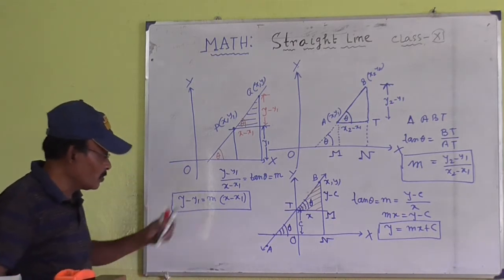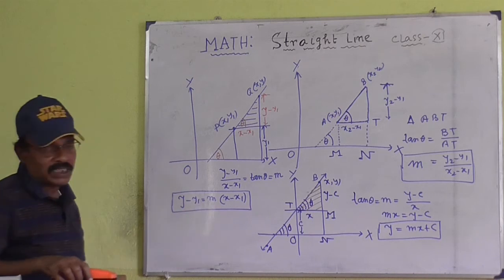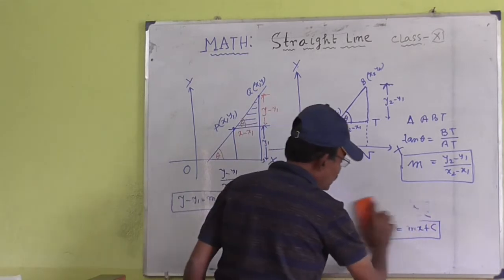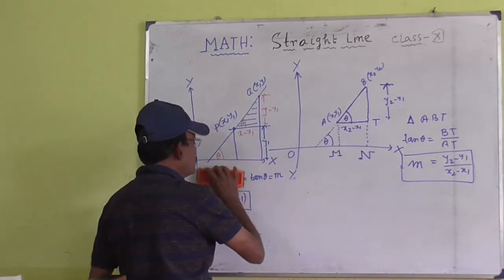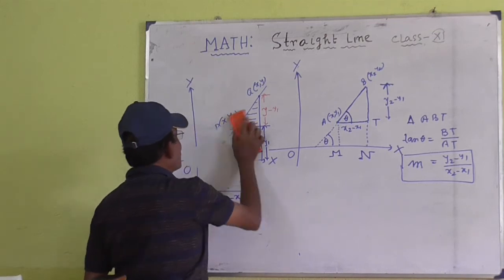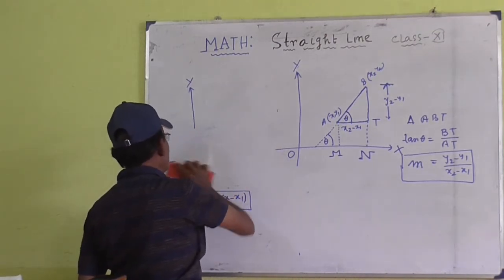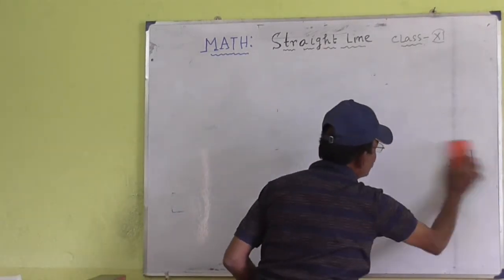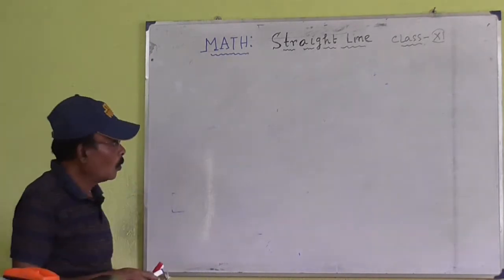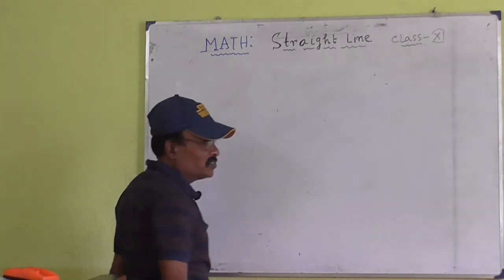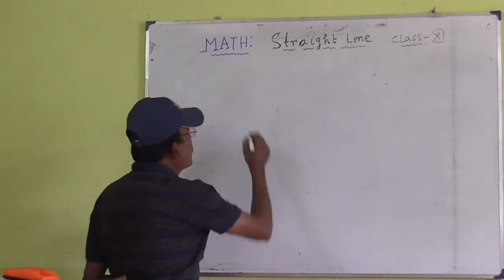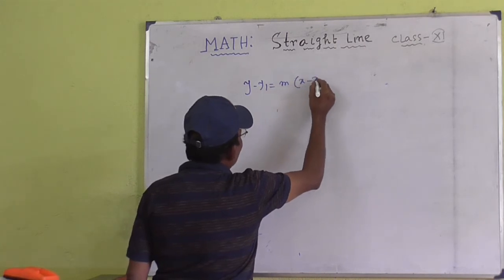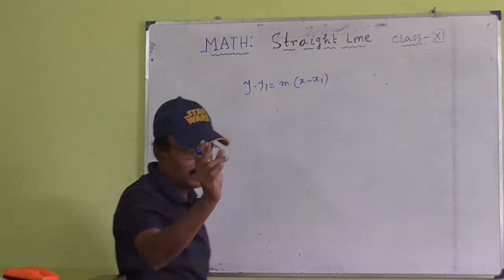Now, from this equation, from this relation, we reach another type of straight line. Here, a straight line passing through any point: y minus y1 equals m into (x minus x1).